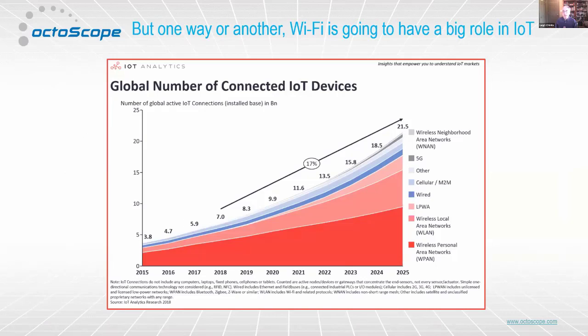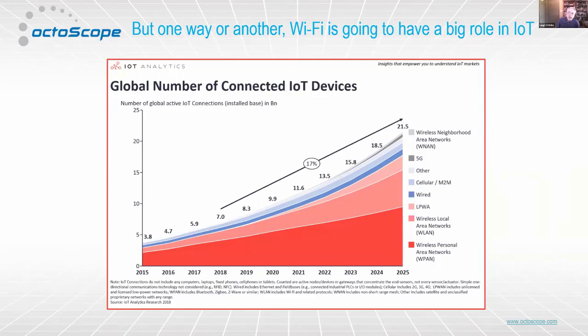The reason that this is all important in the context of IoT is that we just got a question about Bluetooth, right? Bluetooth Low Energy. There are absolutely a lot of technologies that are going to be used to support the IoT, but I think there's just kind of no question that Wi-Fi is going to be an important one of those.